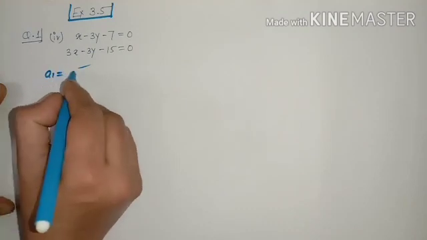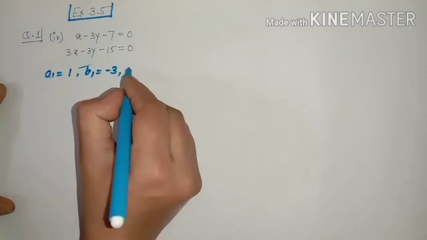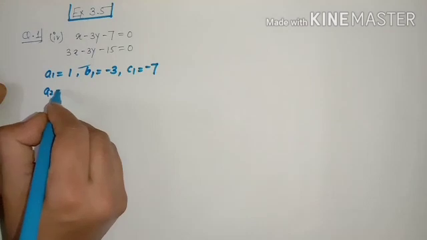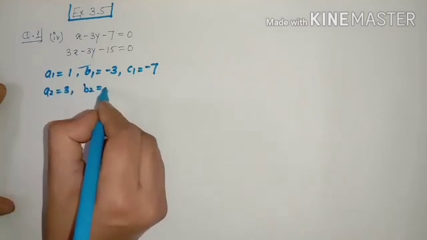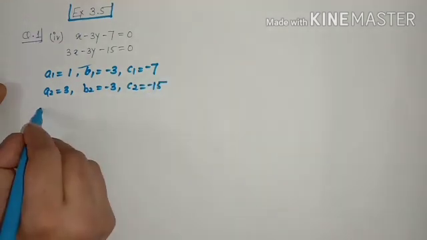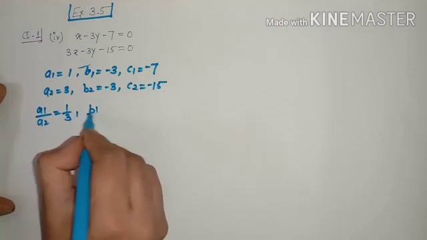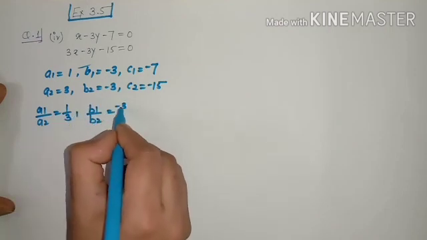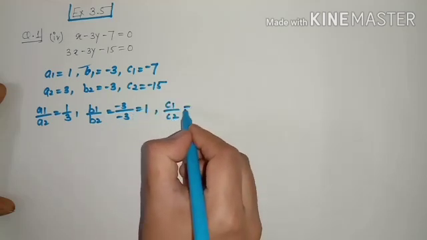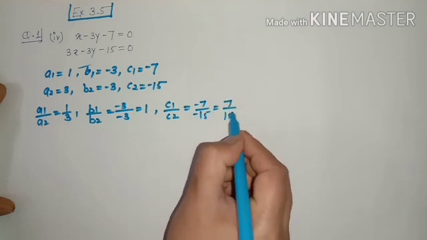Directly we will find a1 is 1, b1 is here -3, and c1, it means the constant term, is here -7. a2 equal 3, b2 equal -3, and c2 equal -15. a1 upon a2 is equal to 1 upon 3, b1 upon b2 equals -3 upon -3, which is equal to 1, c1 upon c2 is equal to -7 upon -15, which is equal to 7 upon 15.